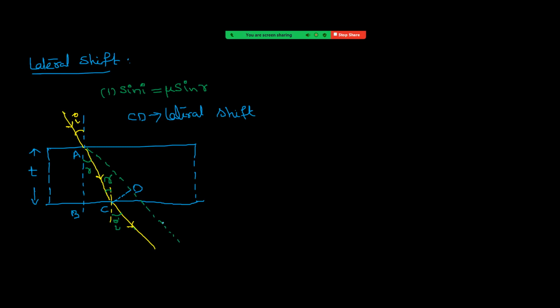This is the direction of motion, and the shift is normal to that. That's why CD is known as lateral shift. Okay, now we have to focus on how to get this. The remaining part is just geometry. Let us see carefully. We want to calculate CD.